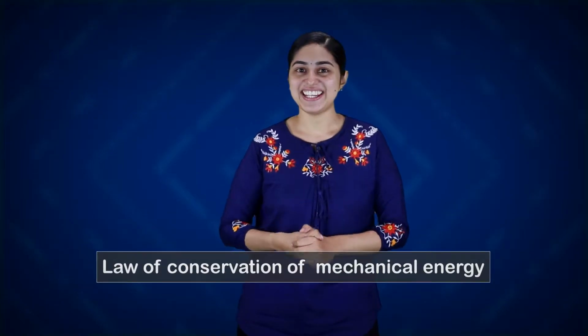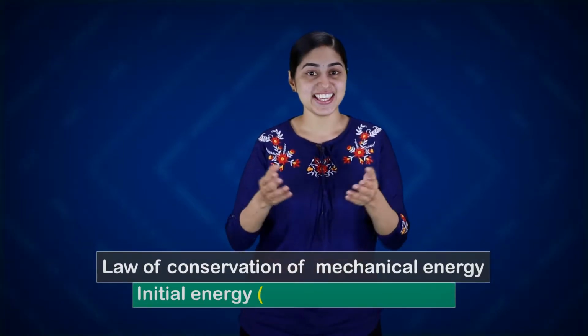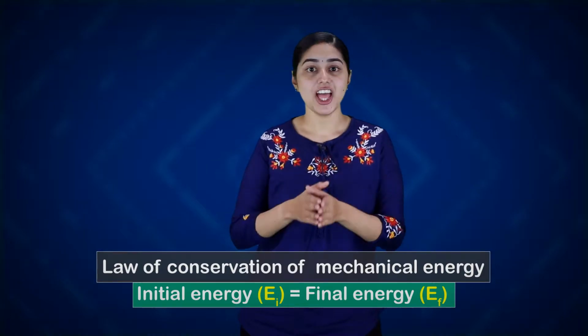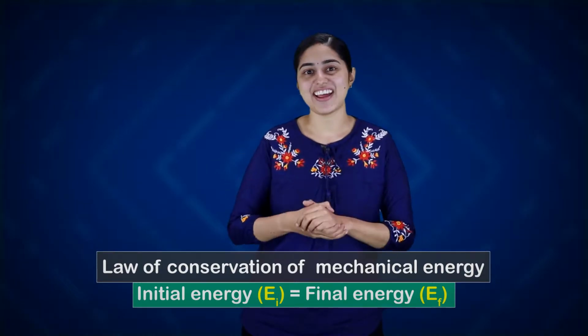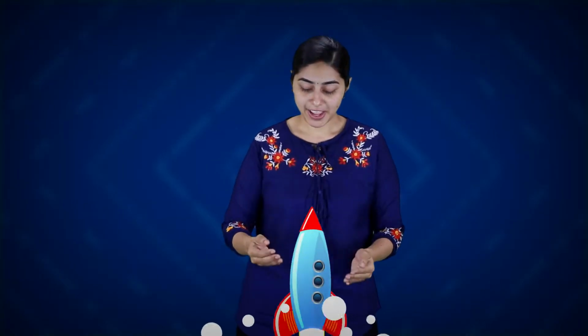Let's find out from the point of view of the law of conservation of energy. According to the law of conservation of mechanical energy, initial energy Ei is equal to final energy Ef, where we neglect the external interactions of the rocket. When we fire off this rocket, it has some initial velocity, so it has some initial kinetic energy represented by Ki.